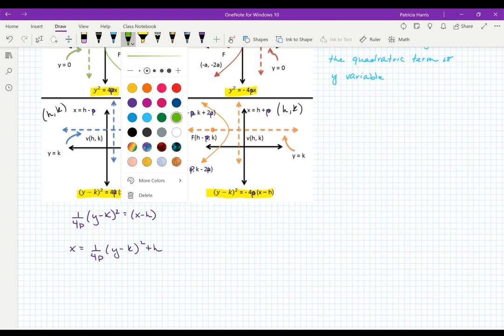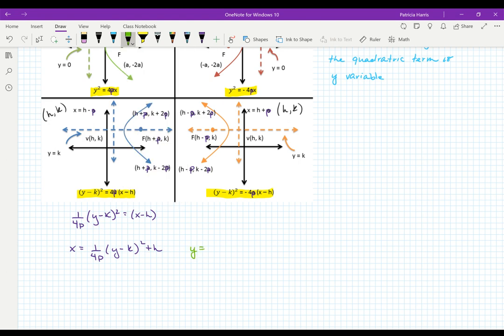Now, what I would like you to do is contrast that with the equation we worked with in the previous video, which was this. So let's talk about what's the same, and then what's different. So the vertex is still h, k.